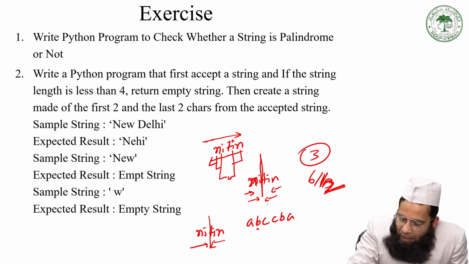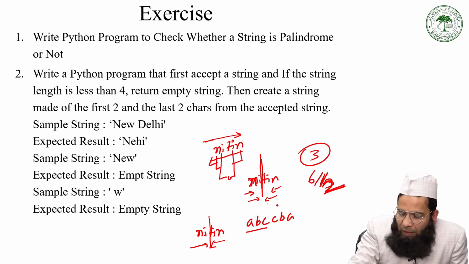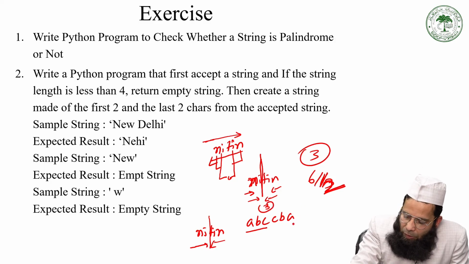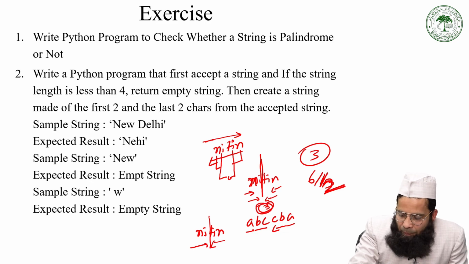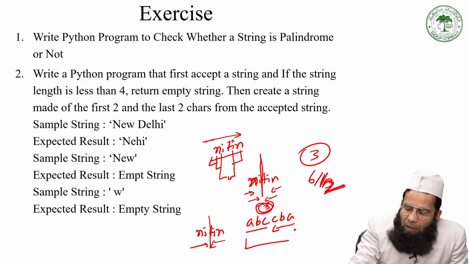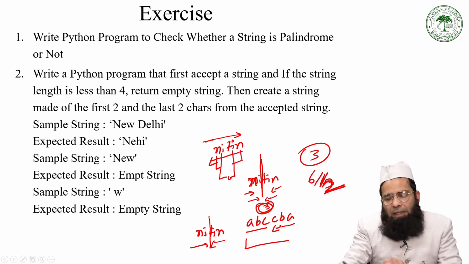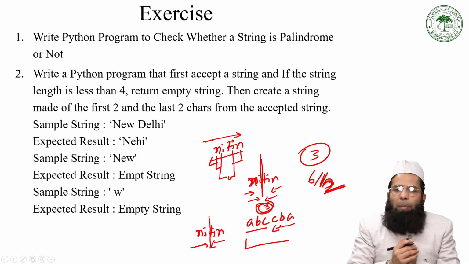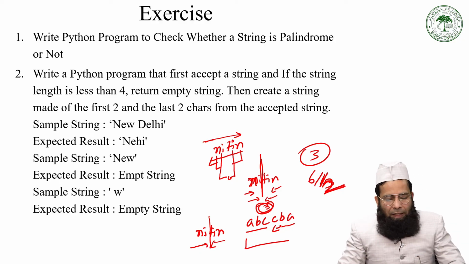So I would traverse starting from the very first character to the mid of the word, that is 3. Similarly, I would traverse from right to left till the mid of the word. If each and every character from the start and the last is equal, then it is a palindrome. Let's see how it works.